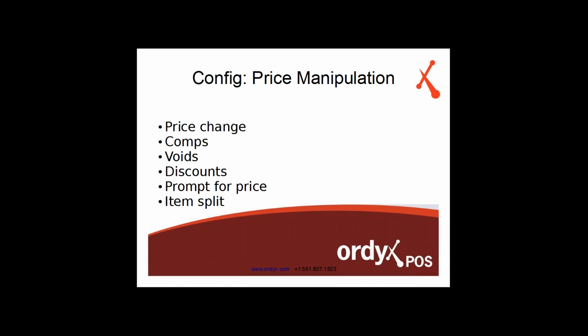Basically, this will be more for managers. So the first one, of course, is the price change, where you can change the price anytime you want on the terminal, and also in the back office.